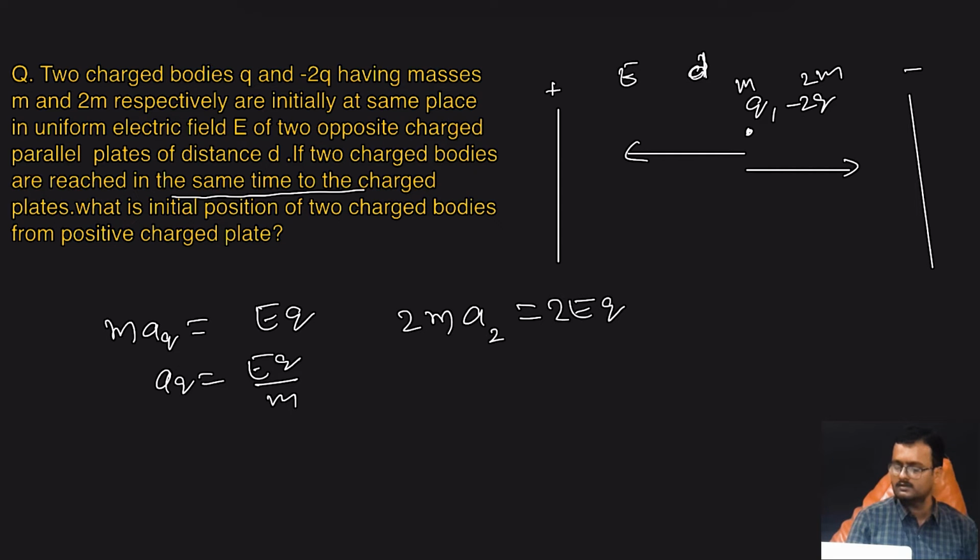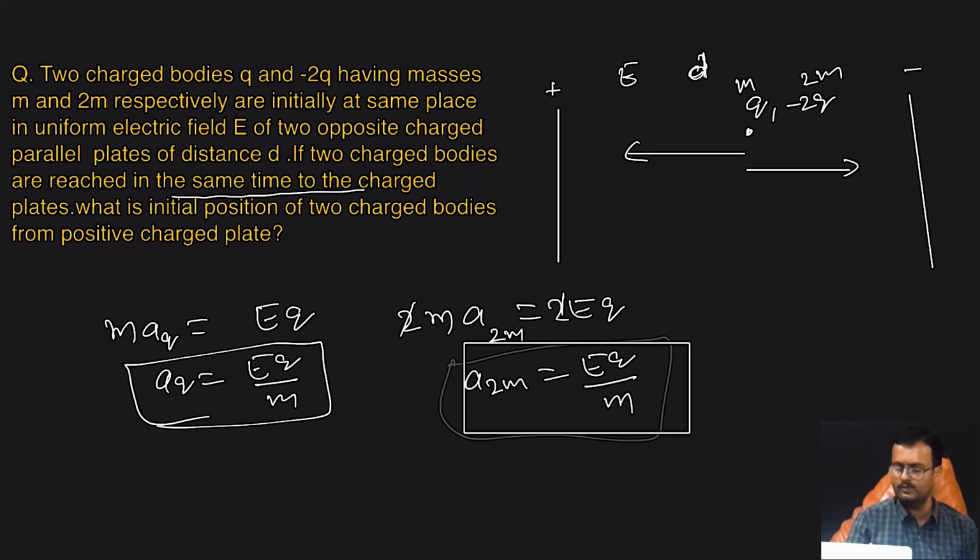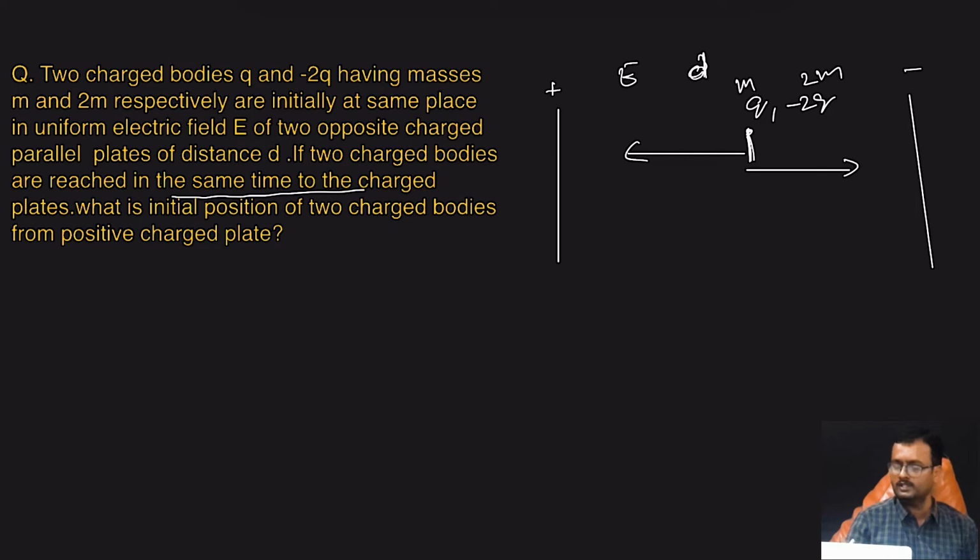So the 2s cancel, and the acceleration is EQ by m. See here, both accelerations are the same, EQ by m. So both reach at the same time. So both started exactly at the midpoint of the parallel plates, or both charges are at a distance d by 2 from the positive plate.